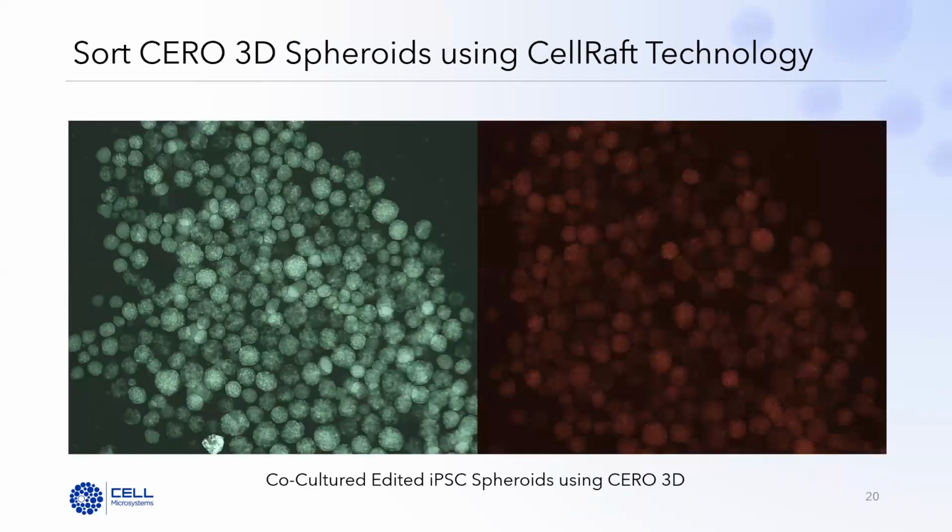We can also use the CellRaft array in a different workflow to segregate and sort our bulk produced 3D populations. Here you're looking at samples taken from our co-cultured iPSC spheroids grown using the Cero.